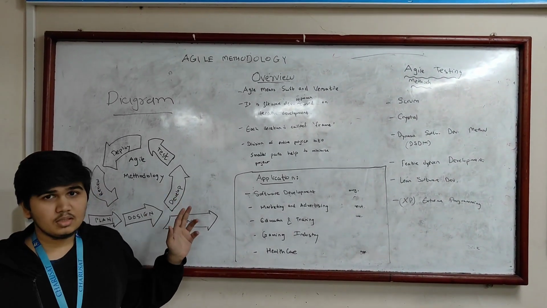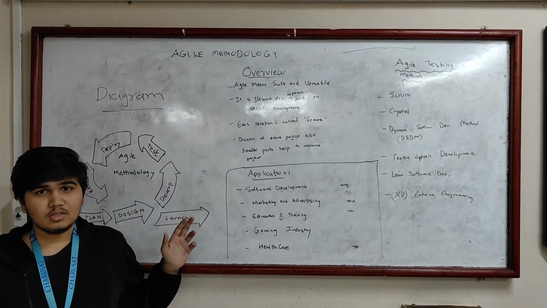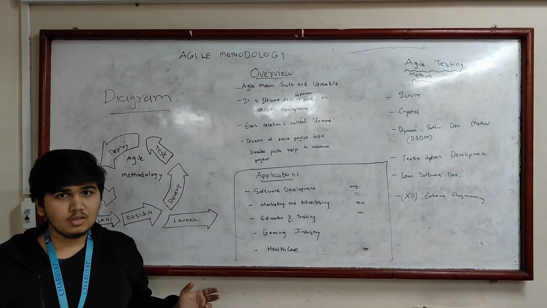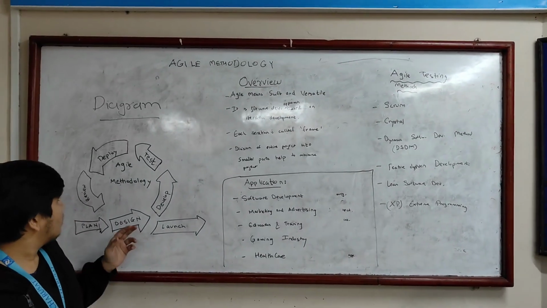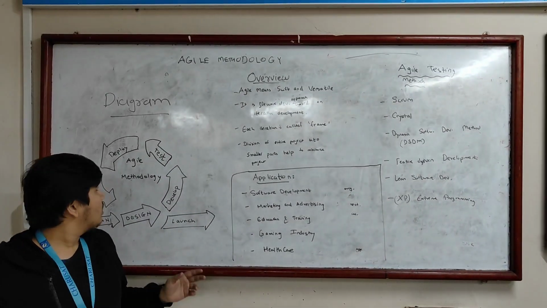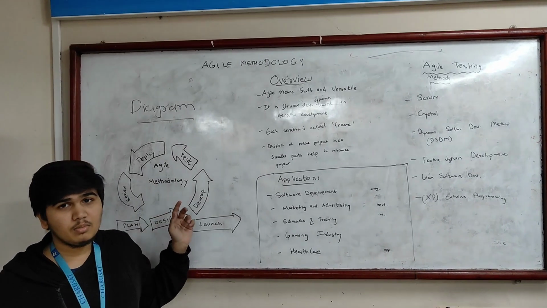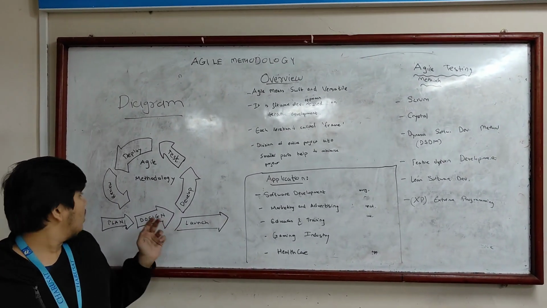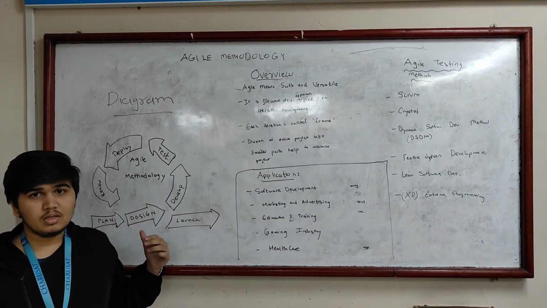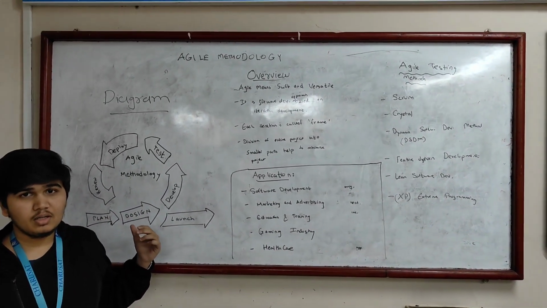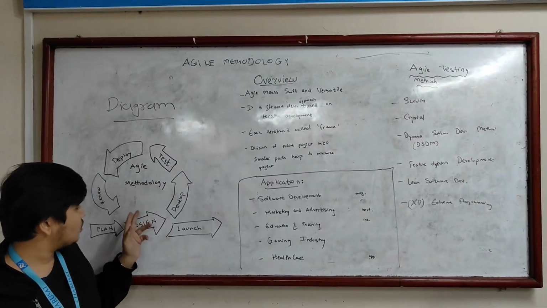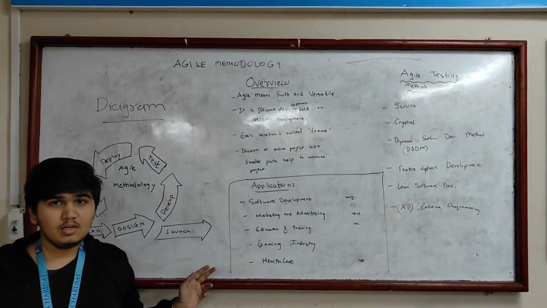Then comes testing: quality assurance testers test whether there are bugs or not, and accordingly changes are made. Then comes deployment. Deployment means to deploy the project to the customer. And then comes review. The customer gives feedback and accordingly the changes should be done. And after this process, the product is finally launched.